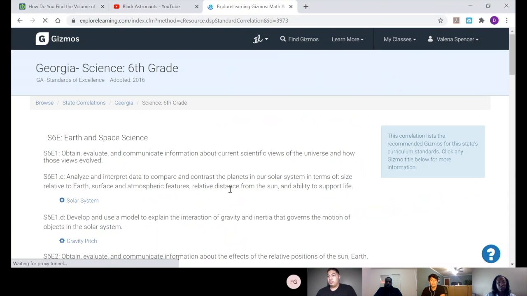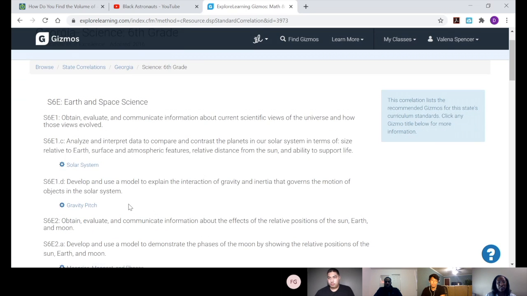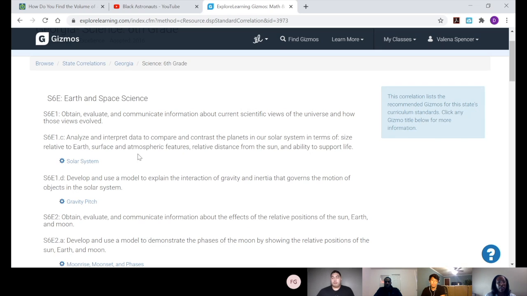Let's go to 6th grade. So our 6th grade S6E Earth Space Science is here. And this is the lesson that we were going to focus on: S6E1C. Analyze and interpret data to compare and contrast the planets in our solar system in terms of size relative to Earth, surface and atmospheric features, relative distance from the sun, and ability to support life.